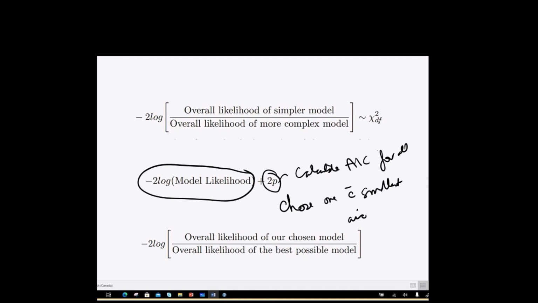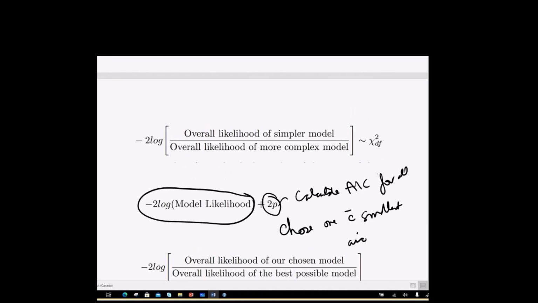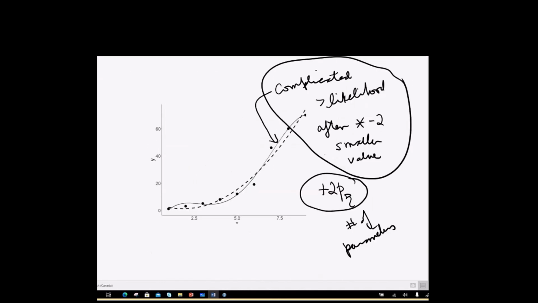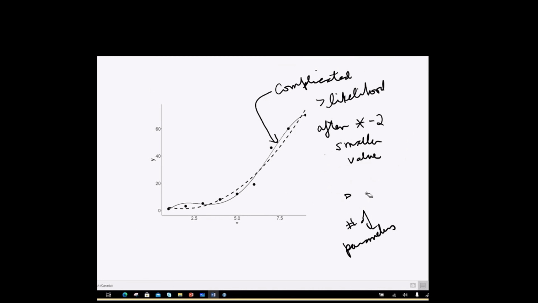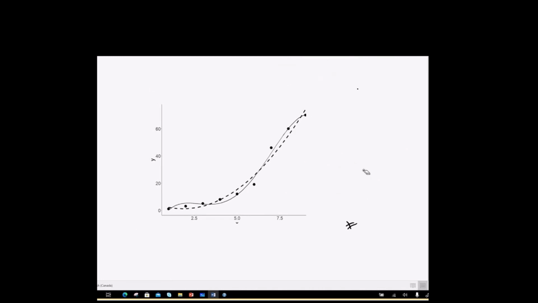And then the last thing is, again, if we go back to our original plot, we can ask ourselves, is there some way in which we can quantify how well our particular model fits the data? Well, one way is to think about the best possible model. So here would be the best possible model, and it would be arrived at just by connecting the dots.